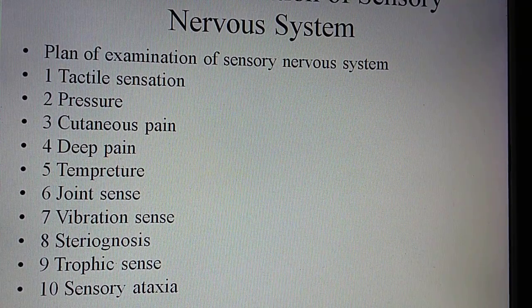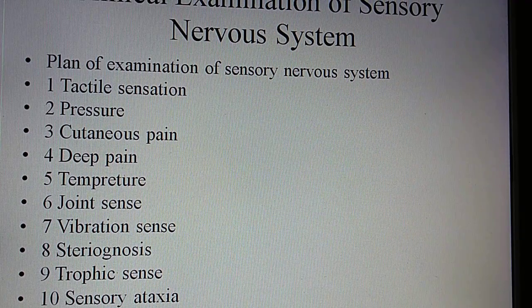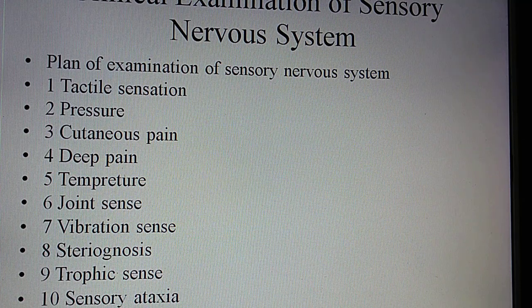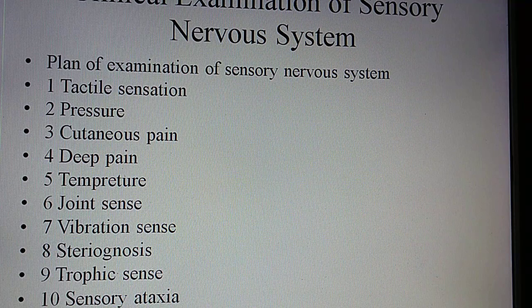Number 4, deep pain. Number 5, temperature. Number 6, joint sense. Number 7, vibration sense. Number 8, stereognosis. Number 9, trophic sense. And number 10 is sensory ataxia. In this way, you should go for the examination of the sensory nervous system.